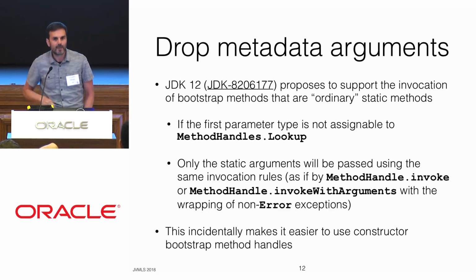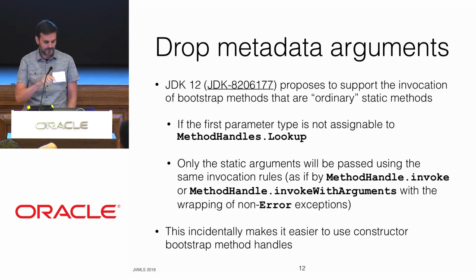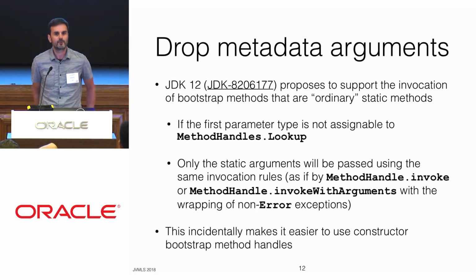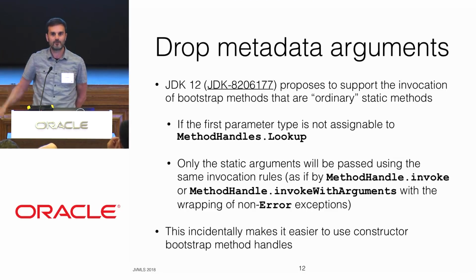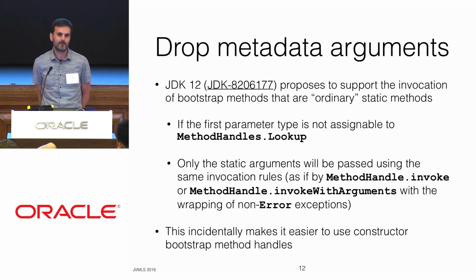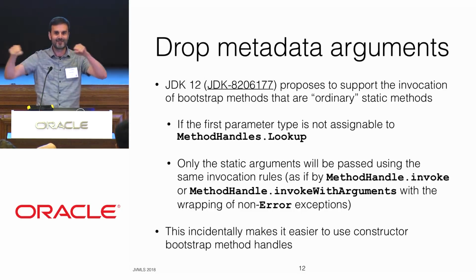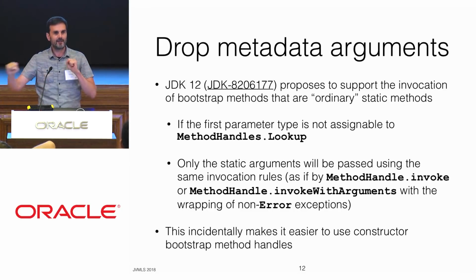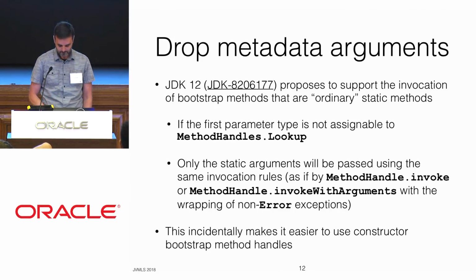And if you circle back to using constructor method handles, that incidentally makes it easier to use constructors. So if you've got an existing class out there that you can use directly, you can now use a constructor method handle if you so wish. I just thought that was a nice sort of circle around. It might not be the right thing to do, but you can now pick and choose from a lot of stuff. And as Dan said, that's a powerful opportunity which comes with some responsibility, I think.